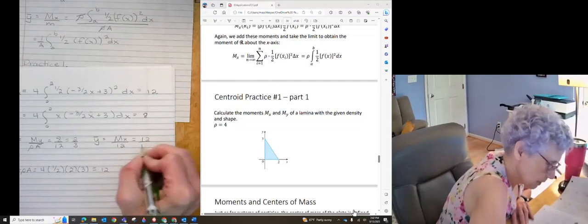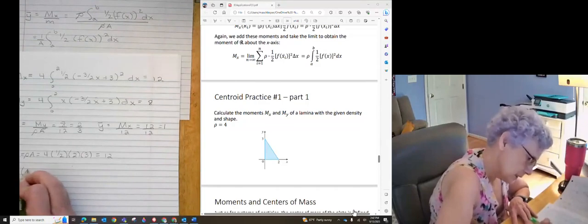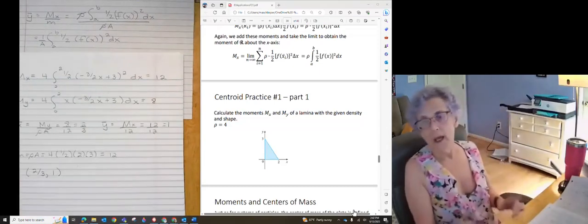And y bar would be m sub x over 12, which is 12 over 12, which is 1. So the center should be at 2/3 and 1.